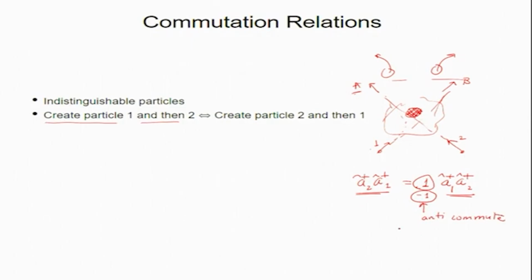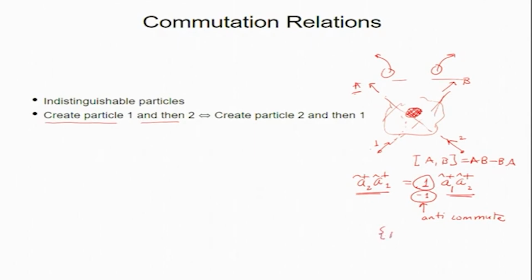So, commutation from standard quantum mechanics: two operators A and B, we write the commutator as AB minus BA, right? If they commute, then this commutator of A and B is 0. If it does not commute, then I get some finite number, or it could also be an operator. But if they anticommute, then we have a different symbol.